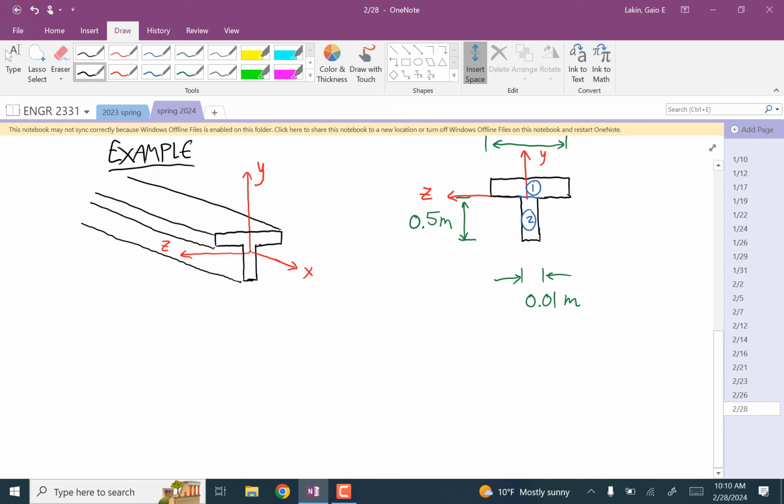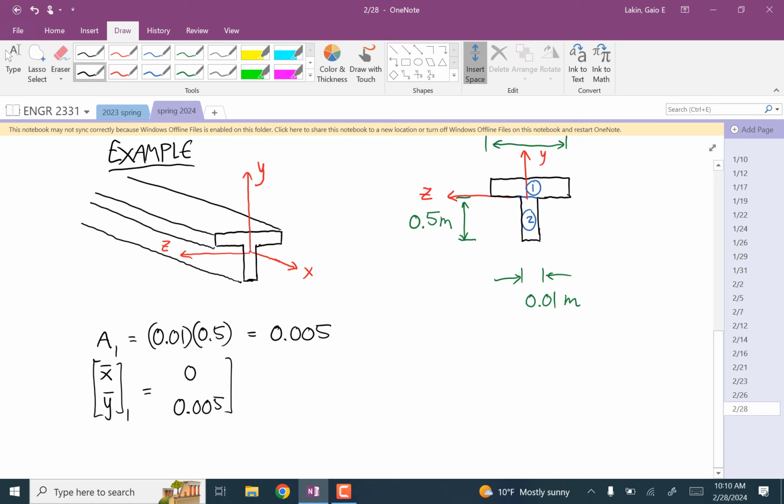Okay, so for rectangle 1, the area is 0.01 times 0.5, so 0.005. Just a quick point, that's on the axis of symmetry? Yeah, that's right. The centroid of rectangle 1 is 0 for x and 0.005 for y.